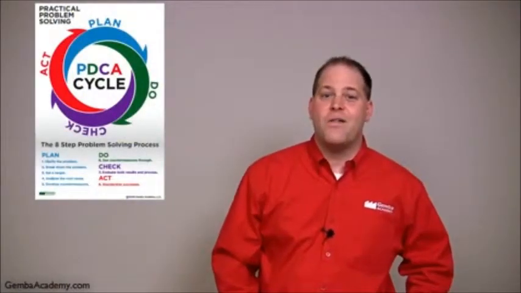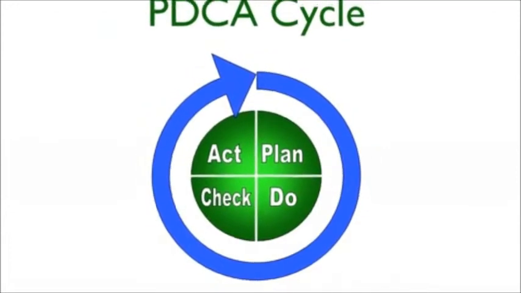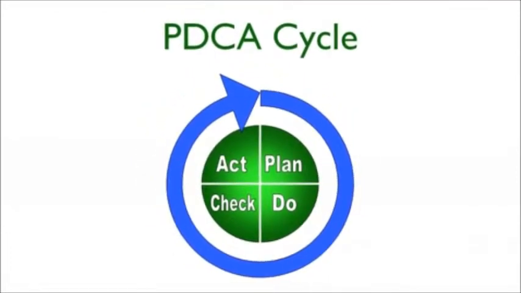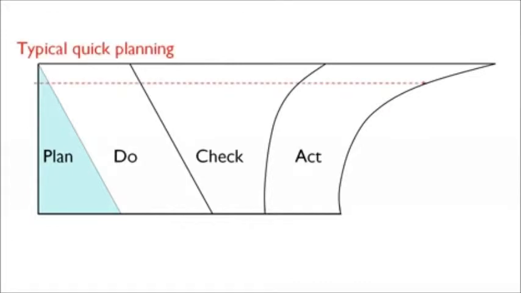Now then, throughout this problem-solving course, we'll be referring to the PDCA cycle, which stands for Plan, Do, Check, and Act. And in particular, we'll be spending a lot of time on the first step, which is plan. Since the failure to plan properly, as shown on the top side of this diagram, almost always results in longer times to resolve the problem.